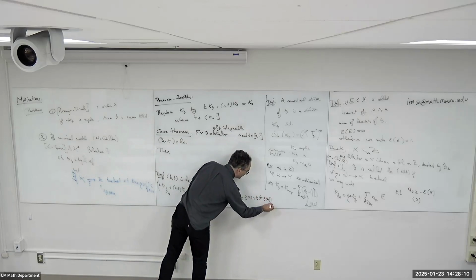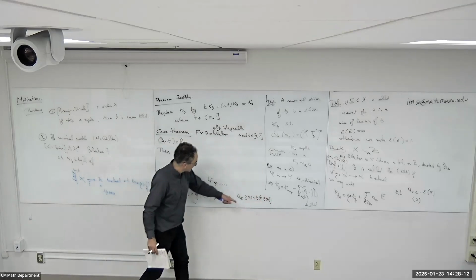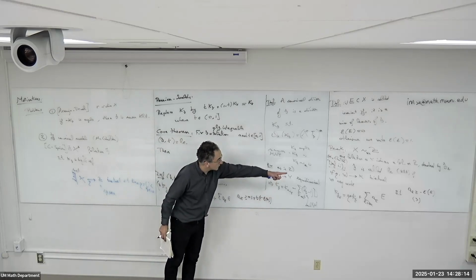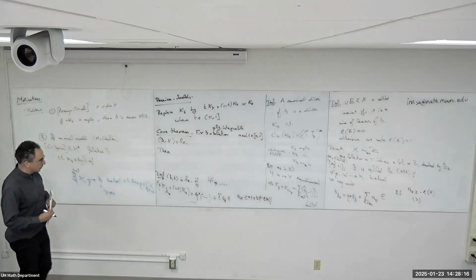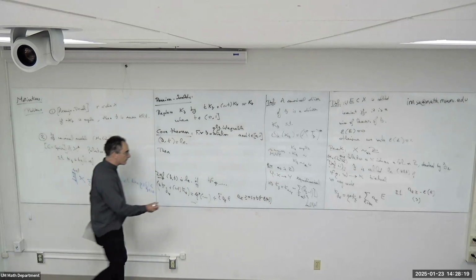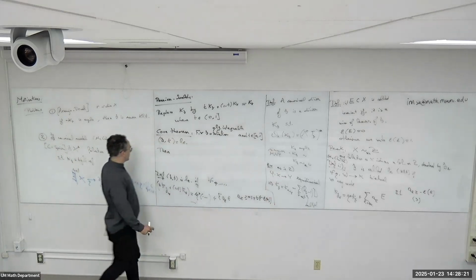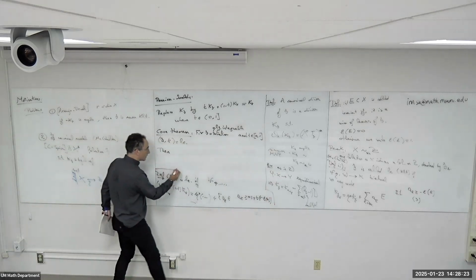So you see, if t is equal to 1, you get exactly what is written there, and if you take t equal to 0, you get the usual definition. Okay, sorry, thanks for the remark. So this is the definition.